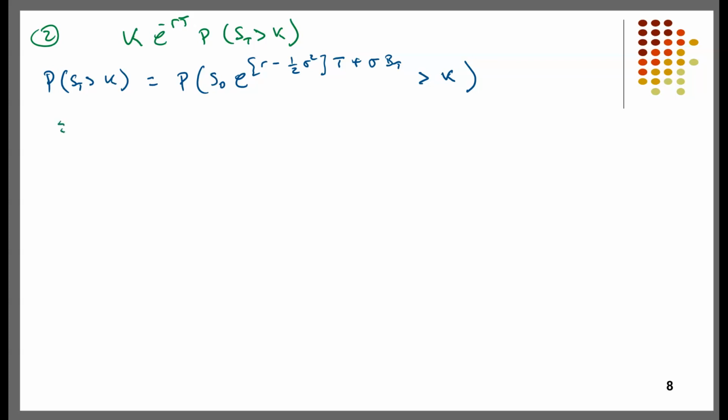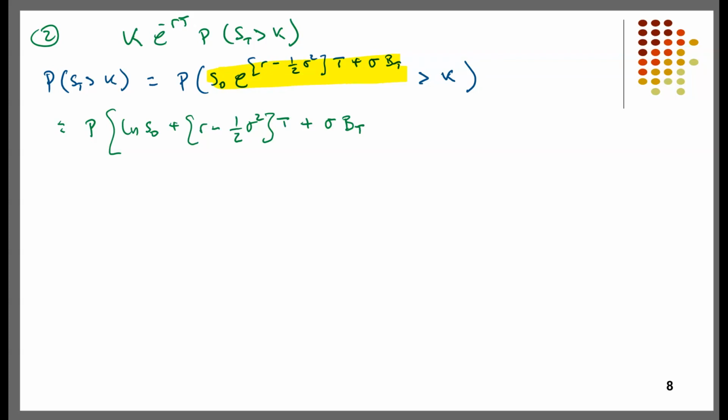So that is really equal to the probability that, I'm going to use the big brackets now, we have the log of S0 plus R minus 1/2 of variance multiplied by T plus sigma BT. And what this is, is me doing the log of this whole term here, right?